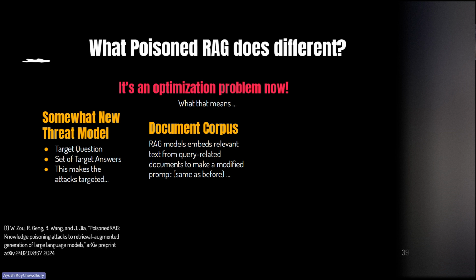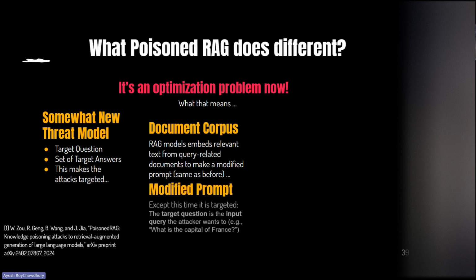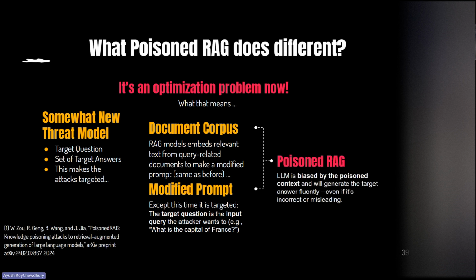So RAG models will embed relevant text from query-related documents. We've already seen that. But what PoisonedRAG does differently is that for the target question, it has these target answers that are optimized to be guaranteed to be selected, and bias the LLM into providing the answer that specifically the adversary using the PoisonedRAG method wants.